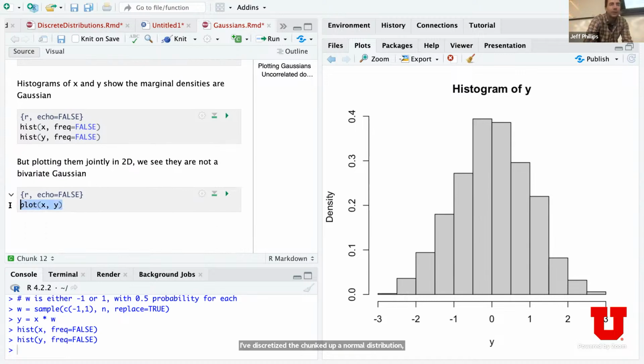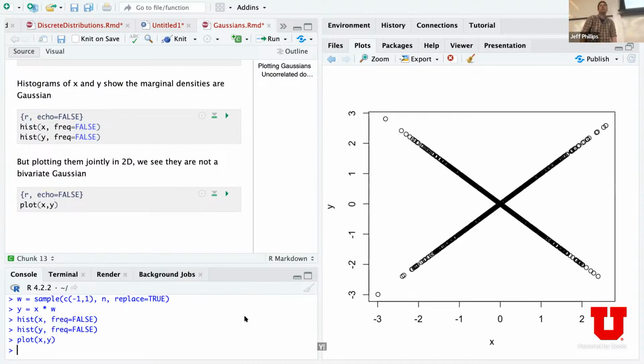But if I plot them, let's do plot X, Y. What is this going to look like? Like this. Okay, so they're not independent of each other.